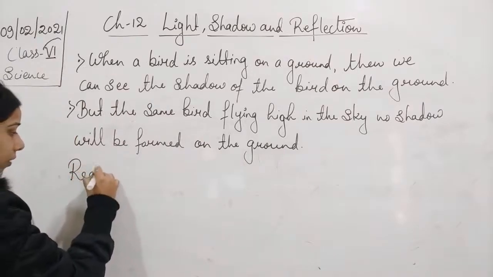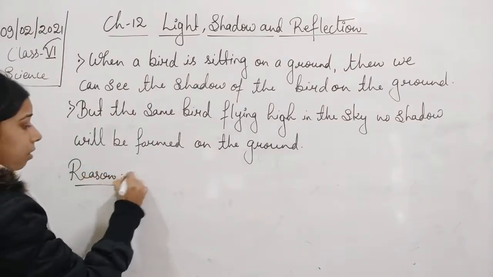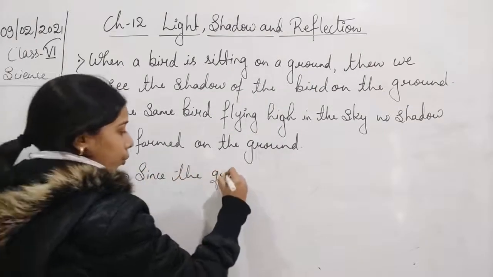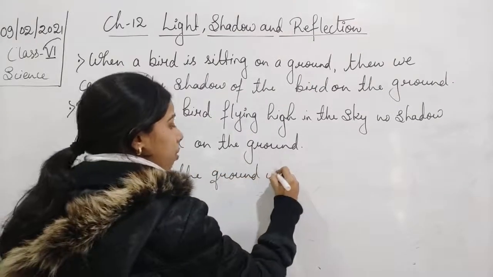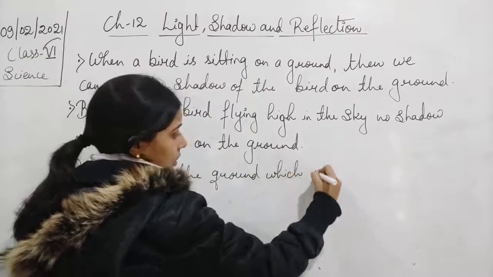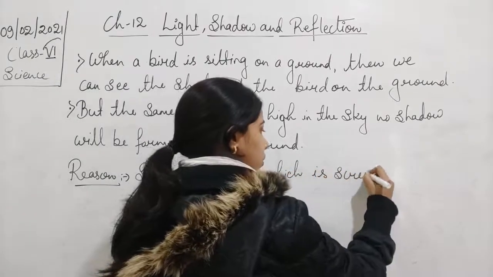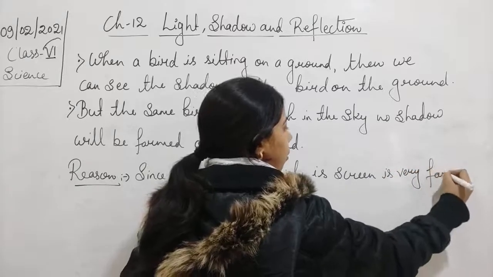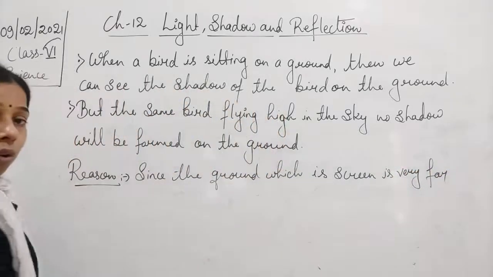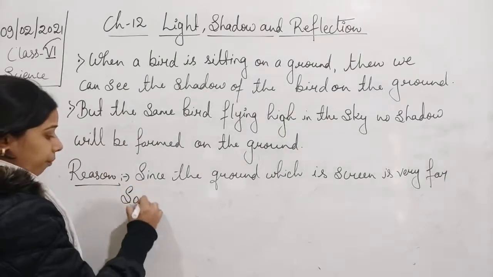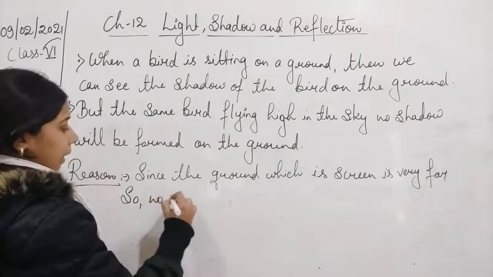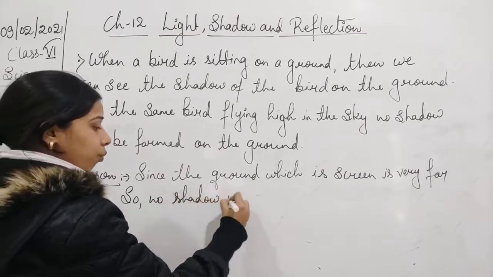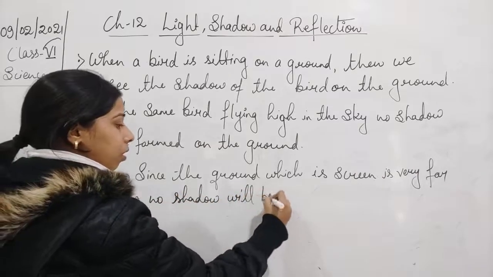Reason: since the ground, which is the screen, is very far, no image or shadow will be formed.